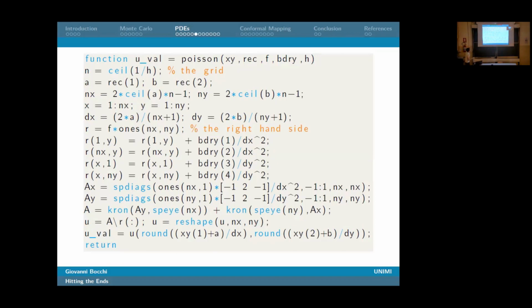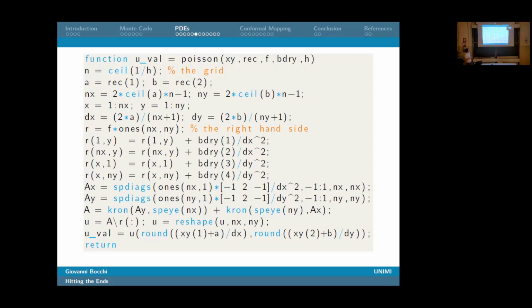I don't want to go too much into the details, but the matrix A is obtained by the Kronecker product of these 2 small matrices, which have 2 on the main diagonal and -1 on the first lower diagonal and the first upper diagonal.